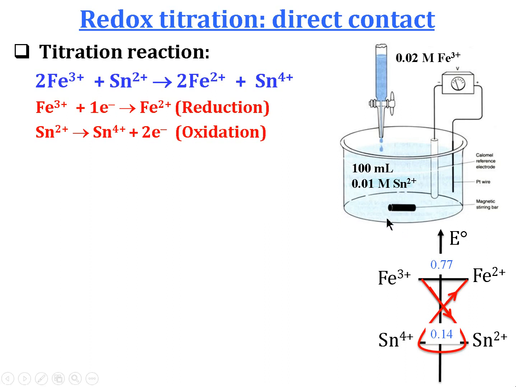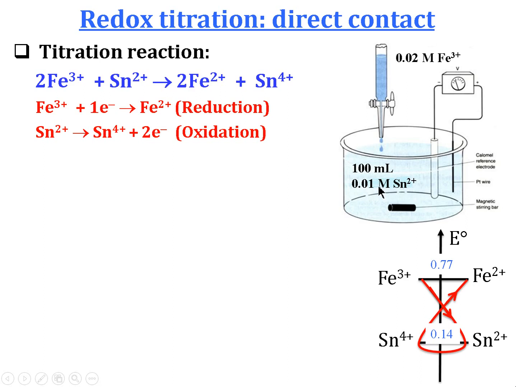If we want to calculate E of Fe3+/Fe2+, we have only the concentration of Fe3+, but Fe2+ is unknown. So according to the Nernst equation, E of the couple Fe3+/Fe2+ could not be calculated. In the same way, Sn4+ is unknown.